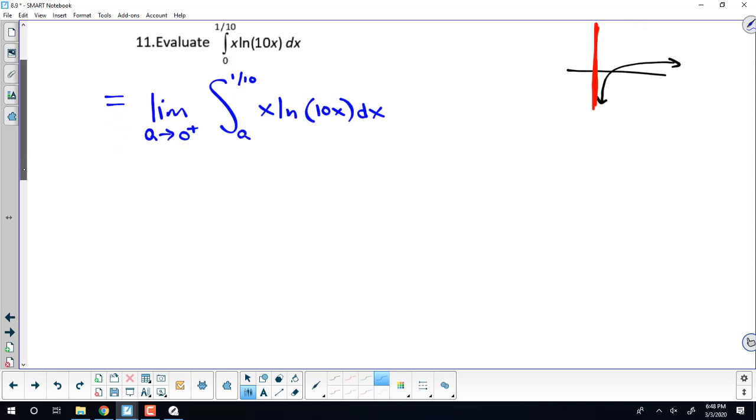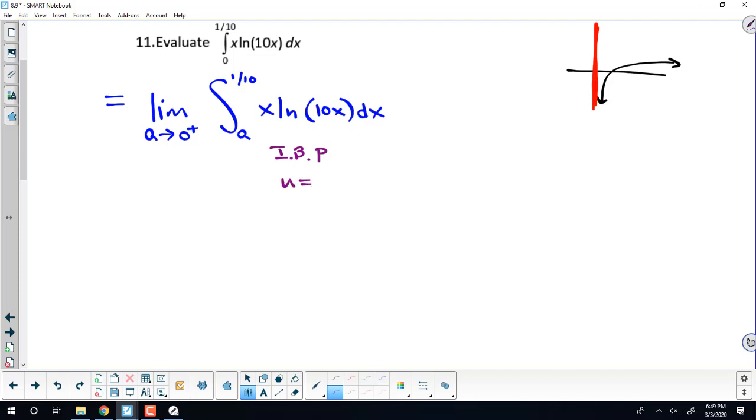Okay, how are we going to find the antiderivative of x ln of 10x? That's integration by parts. We've got a product, integration by parts for products. Let's just find the antiderivative first, and then we'll plug in the bounds and compute the limit.